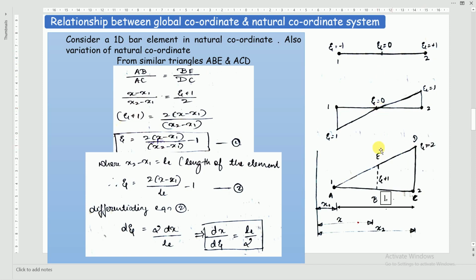And in the third diagram here, this is xi equal to -1, not +1 here. This is xi equal to -1. So in the third figure, it has been drawn with respect to global coordinate as well as natural coordinate both. +1 is added to all three in the second figure here. If you add +1 to each and every point here, this point and this point, this is what you get.